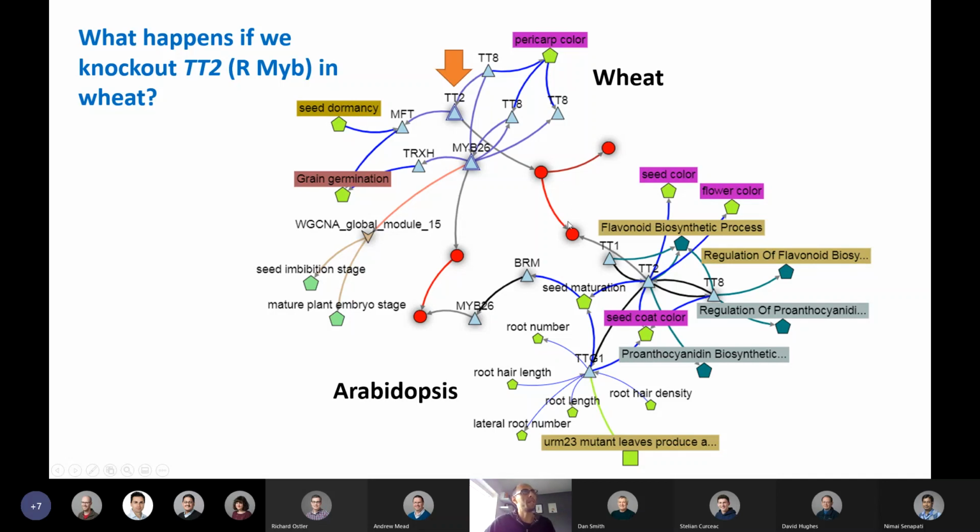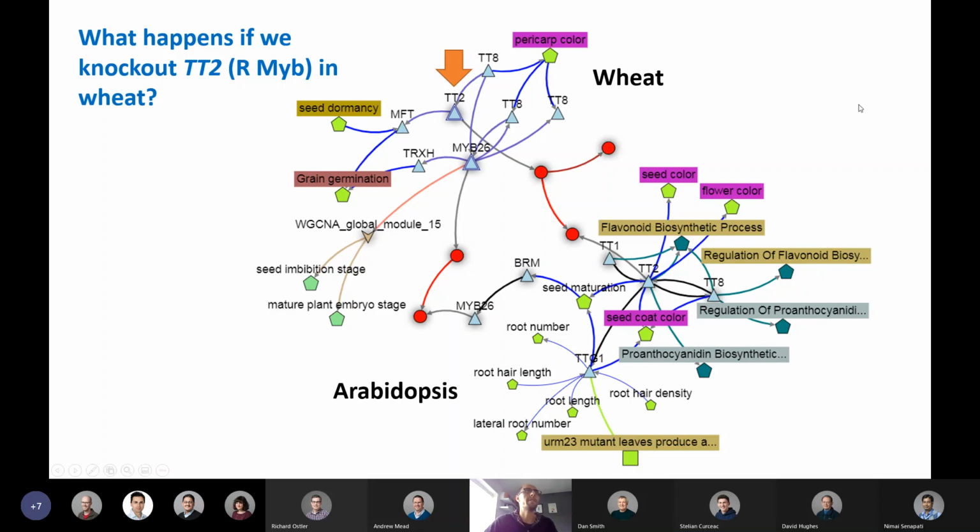At the bottom here, we can see the Arabidopsis ortholog of TT2 has some relationships to root hair length, root number, root hair density. So, okay, 3 different types of traits: color, dormancy, germination, and some root-related traits.